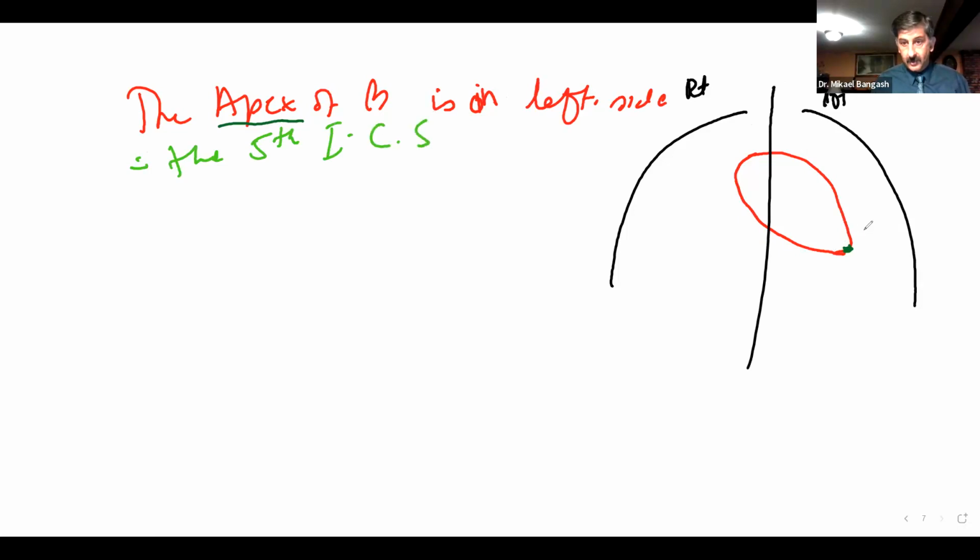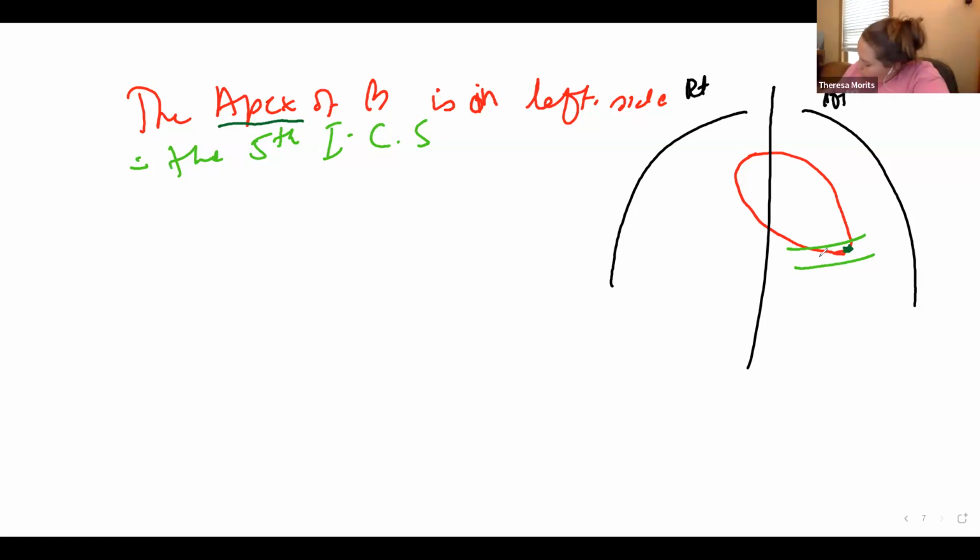So where your apex is going to be is in the fifth intercostal space, which means the space between the fifth rib on the top and the sixth rib below. Did that make sense?